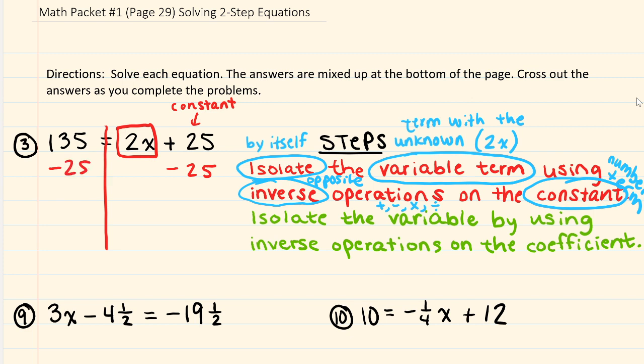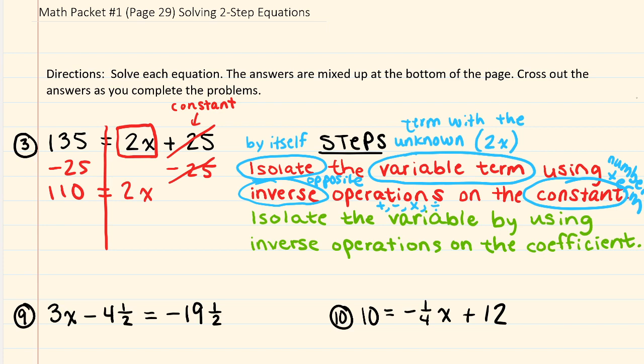Okay, so the way that this isolates the variable term is this add 25 and subtract 25 now cancel each other out. So we're just left with the 2x. That's what we want. We're a little bit closer to getting the x by itself, because solving means get the unknown by itself. Figure out what the unknown is. Okay, that's some pretty easy subtraction.